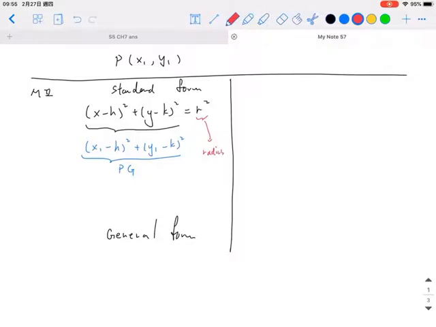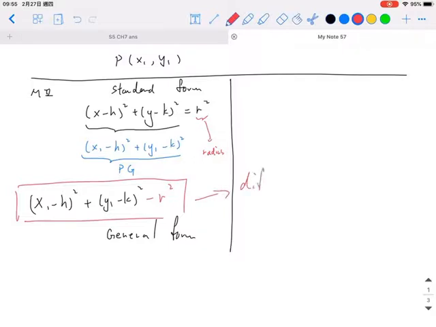How can I get the general form? After I expand the brackets and change it back, it should be (x1 minus h) squared plus (y1 minus k) squared minus r squared. This item we will call the difference between PG and R, right?